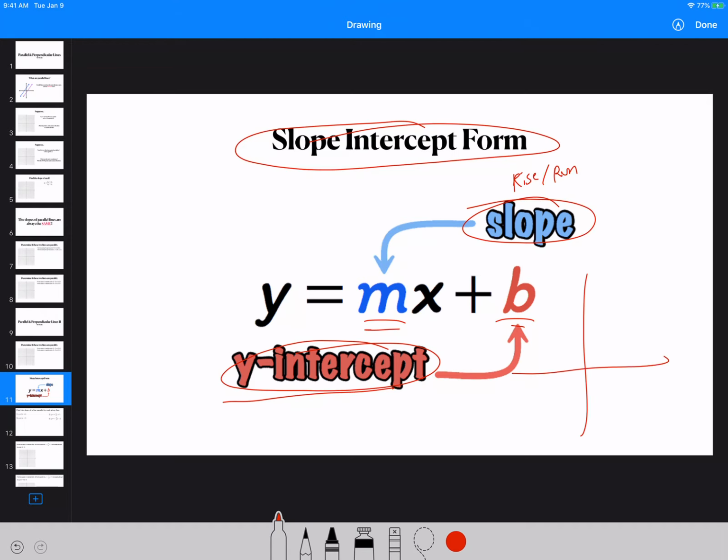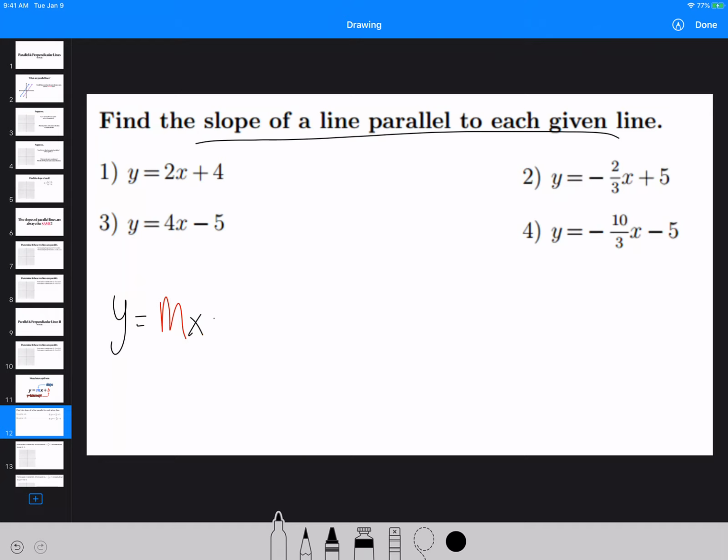Now, if I'm giving you a slope-intercept form, you should be able to understand what the slope is going to be. So for these four questions that you see, notice how I'm giving it to you as y equals mx plus b. I'm going to highlight the m in red. Whatever is in front of x is the slope, and that is the slope that I would like you to find.